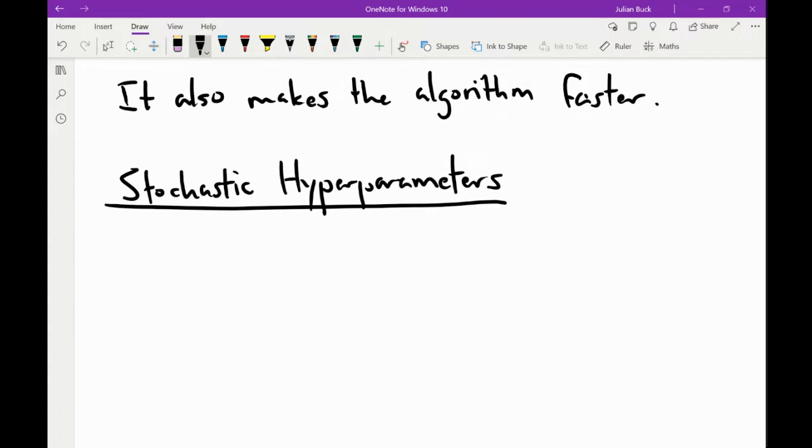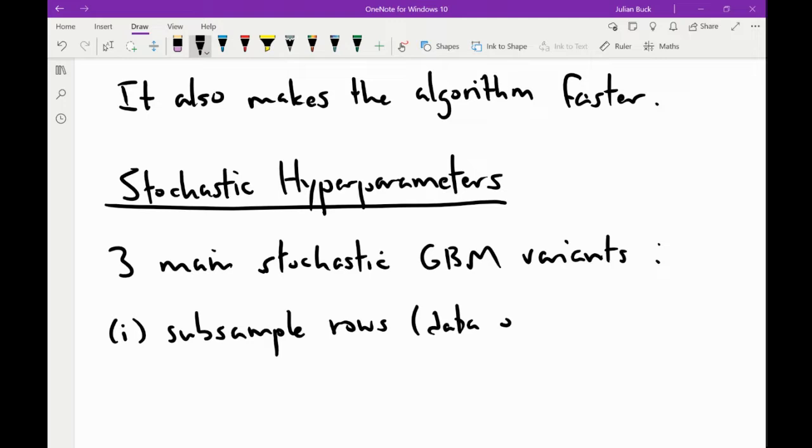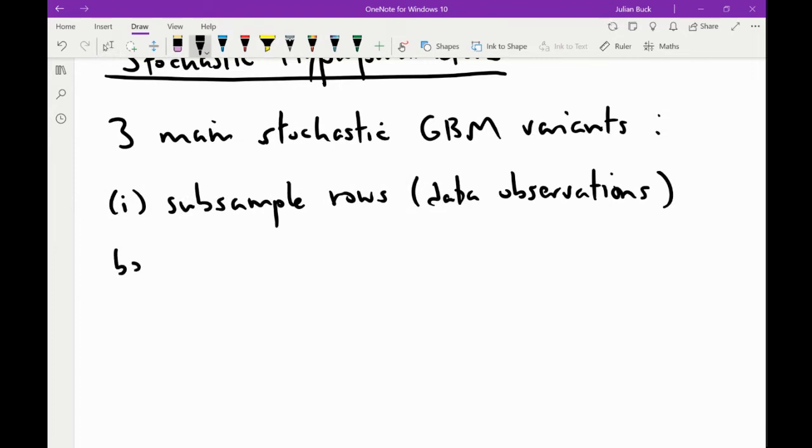There are three main stochastic gradient boosting machine variants. Okay. So one is to subsample rows, by which we mean the data points, right? Data observations, before growing each tree.